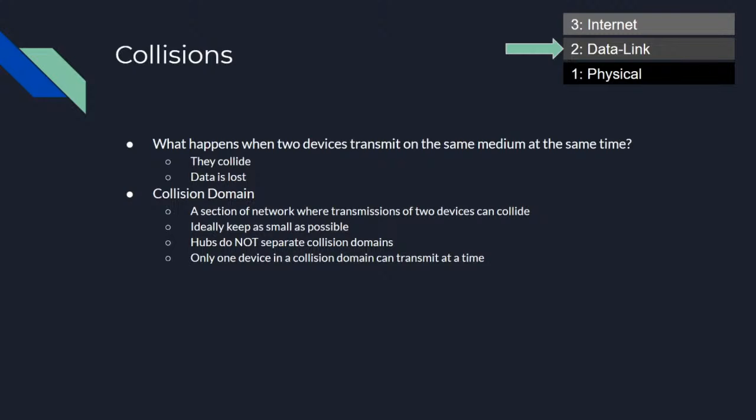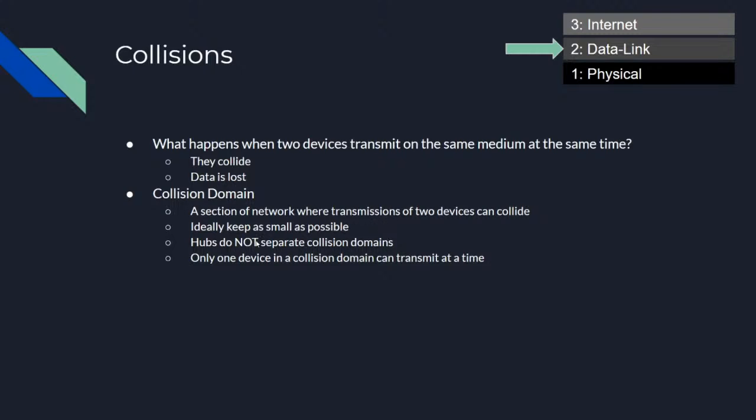Then both sides know there was a collision, let's try that again. We're not going to get too deep into that. Essentially, what you need to know is a collision domain is a section of network where transmissions of 2 devices can collide, and in which only 1 device can transmit at a time, also known as half duplex.